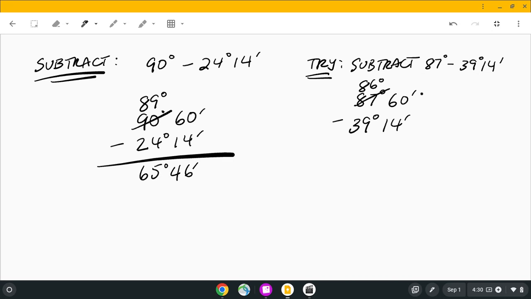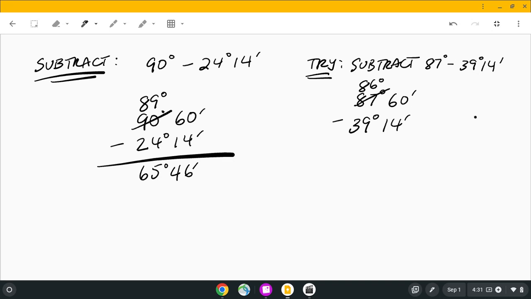Note, let's say this said 87 degrees, 3 minutes. If you had 3 minutes here, you still wouldn't have enough to subtract 14. So you would still have to borrow, but instead of having 60 minutes here, you would have 63 minutes. So make sure you put the total minutes that you have here all together. So if there are 3 minutes here, this would say 63.